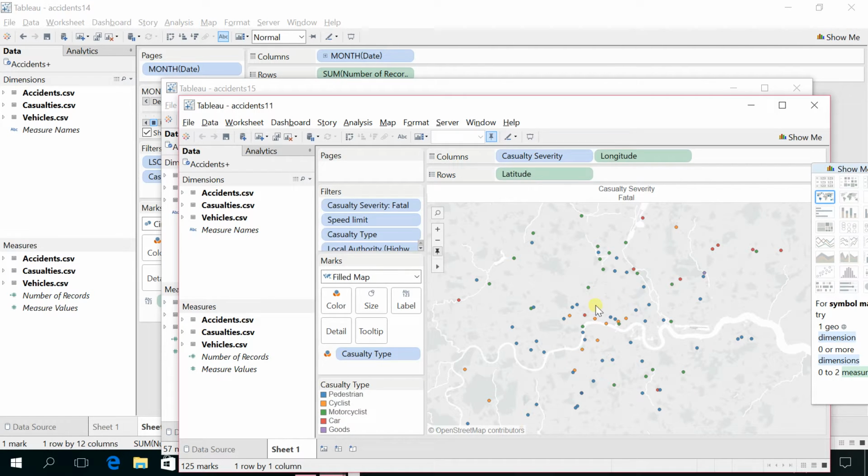This is the London area, and it gives you a breakdown on fatalities. From a cyclist point of view, you might be able to find a problem area where people are getting killed. Maybe it could be road signs or something to look into.